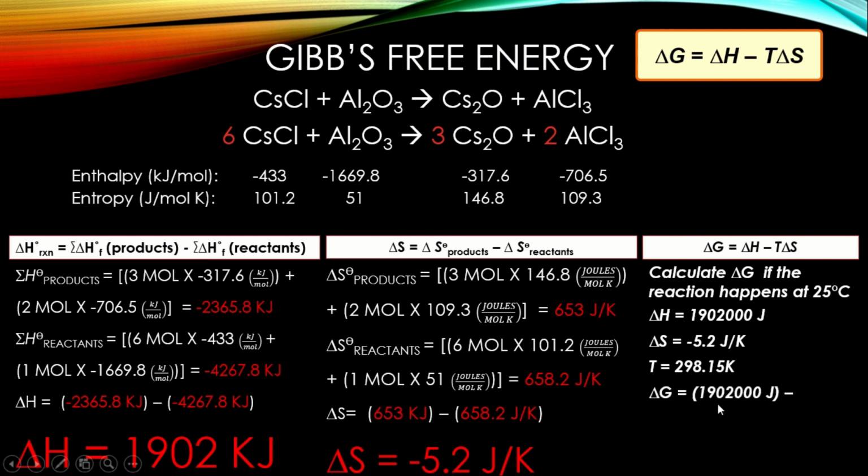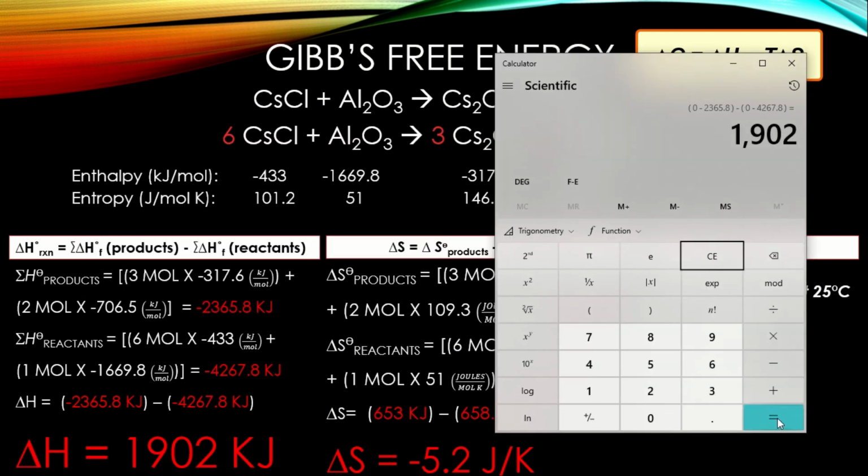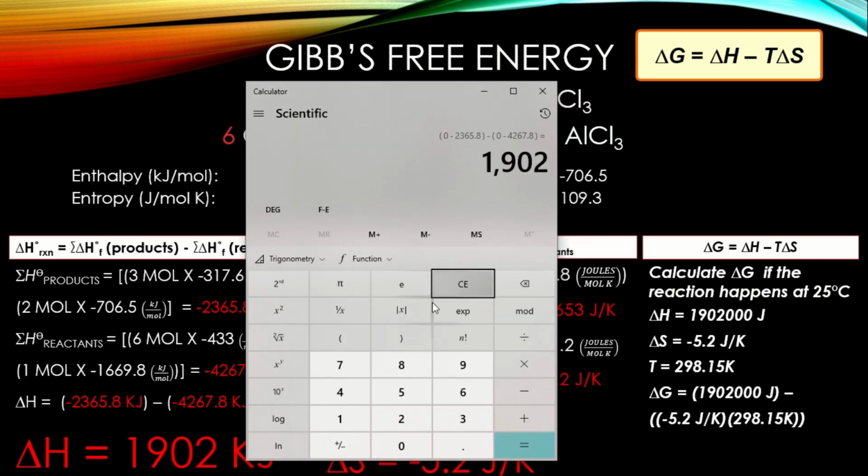Next, substitute the values. For delta H, it is 1,902,000 joules minus the product of the delta S and delta T. So delta S is negative 5.2 joules over Kelvin. T is 298.15 Kelvin. So kapag ilalagay natin siya sa calculator, since hindi naman negative to, as is ko na siyang ilalagay. So 1902 minus, ilagay natin sa parenthesis kasi may negative.